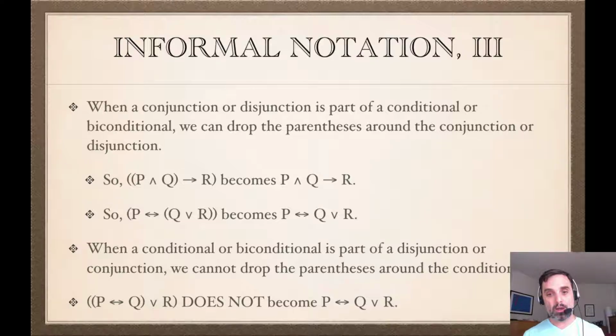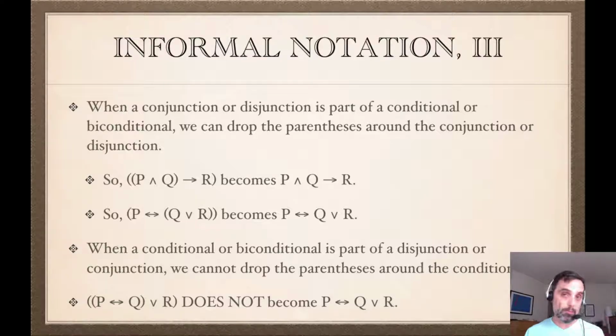If you did, you'd get the sequence P, double arrow, Q, V, R, and our convention tells us that that is what you get if you drop the parentheses in P, main connective biconditional, if and only if Q or R. So to avoid ambiguities, you can only drop the parentheses around conjunctions or disjunctions, so they go lower in the tree.